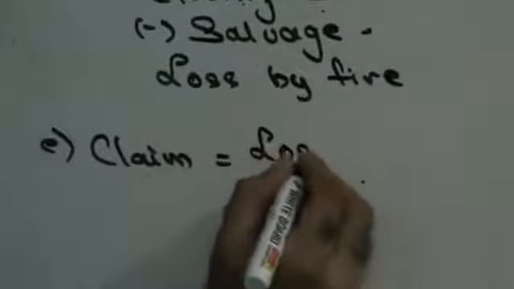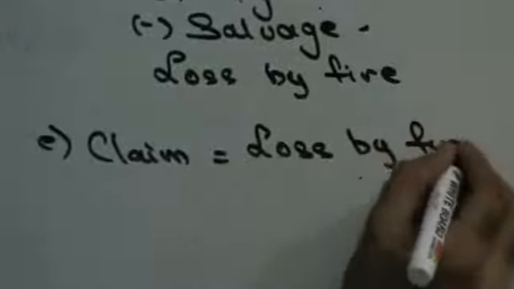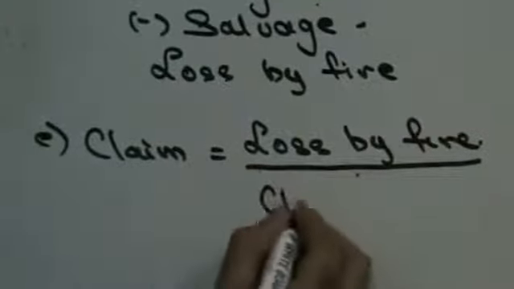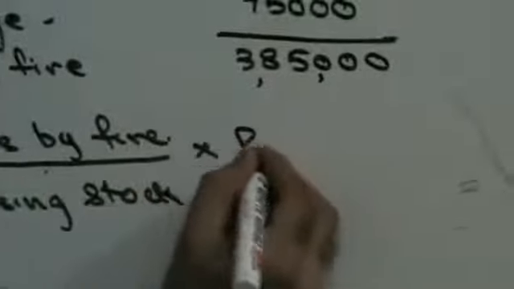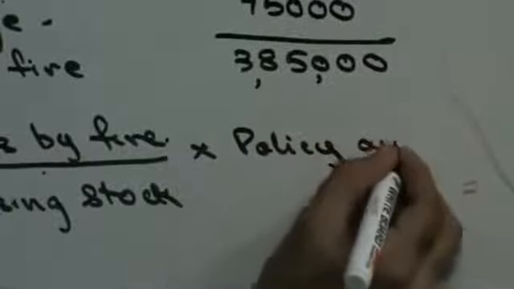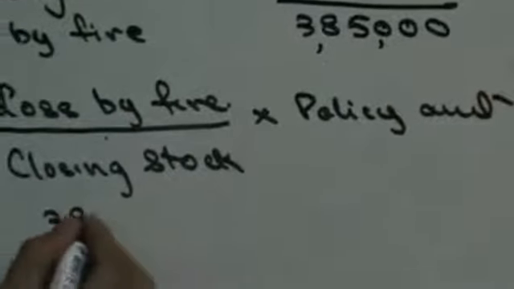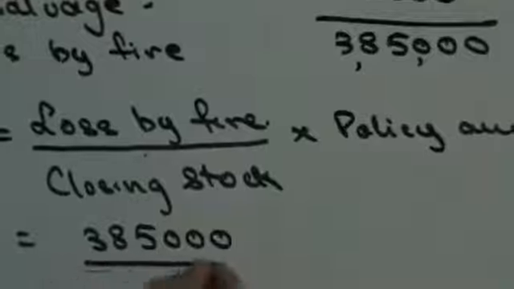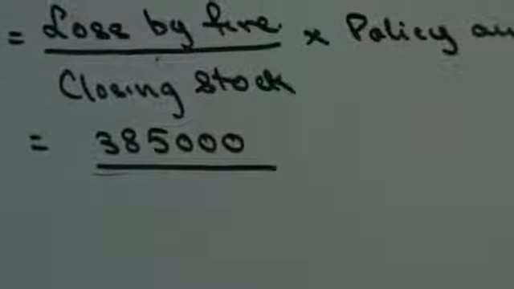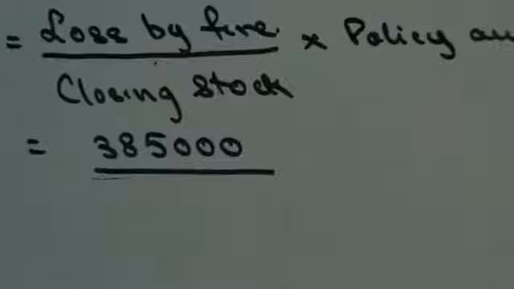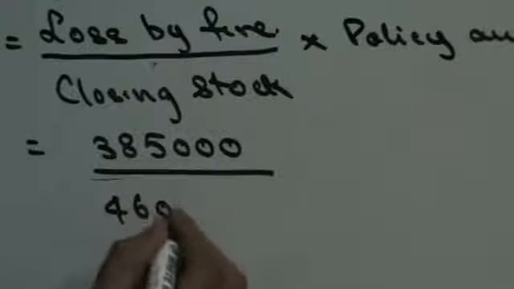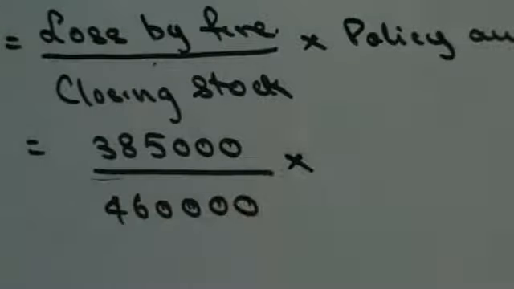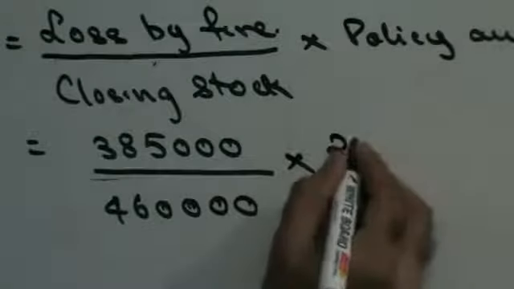Once you have your loss by fire, then you can find out your claim. Claim is given by the formula: loss by fire upon closing stock into policy amount. Loss by fire 3,85,000 divided by closing stock 4,60,000, into policy amount 2,50,000.